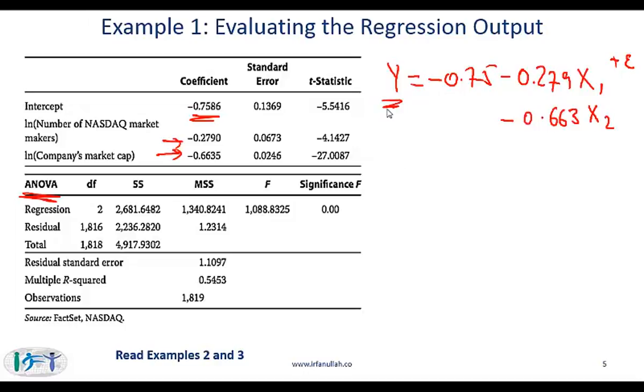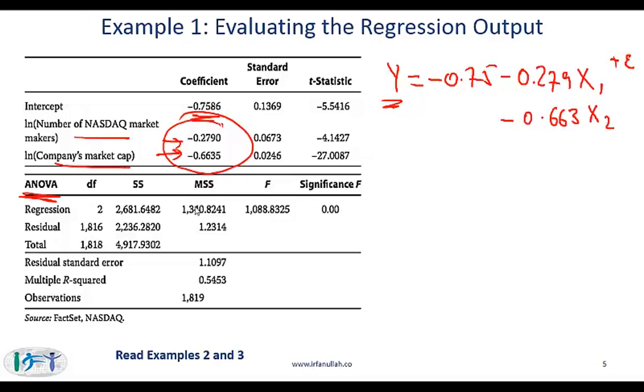What is Y over here? It is the natural log of the bid-ask spread percent. What is X1? It is the natural log of the number of NASDAQ market makers. And x2 is the natural log of the company's market cap in millions. Does it surprise you that both the coefficients here are negative? Actually, it should not surprise you, because that's what you would expect.